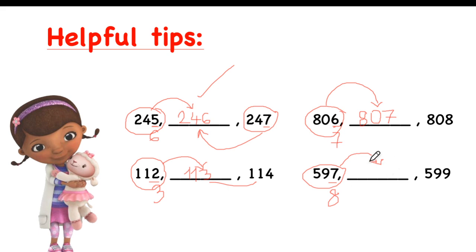So the number after it will be 598. And then 599. This is how I find the numbers that come after, before, and between. Just check the answers.